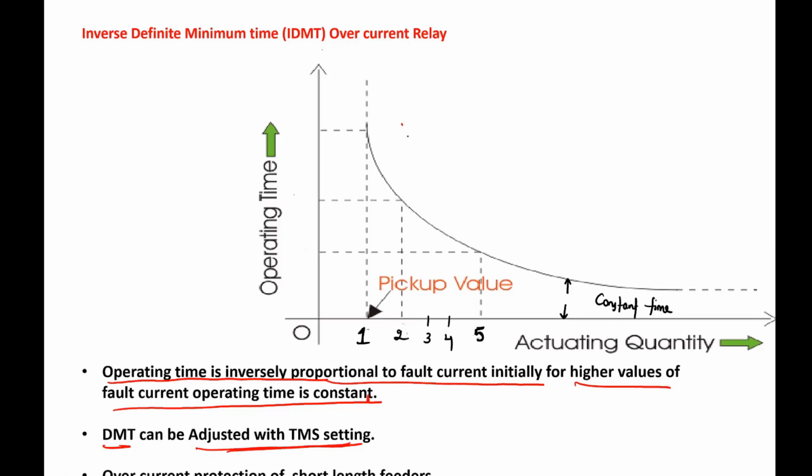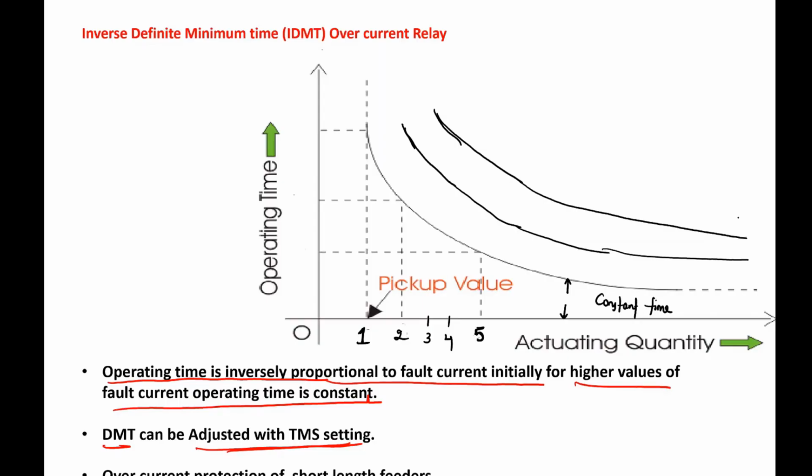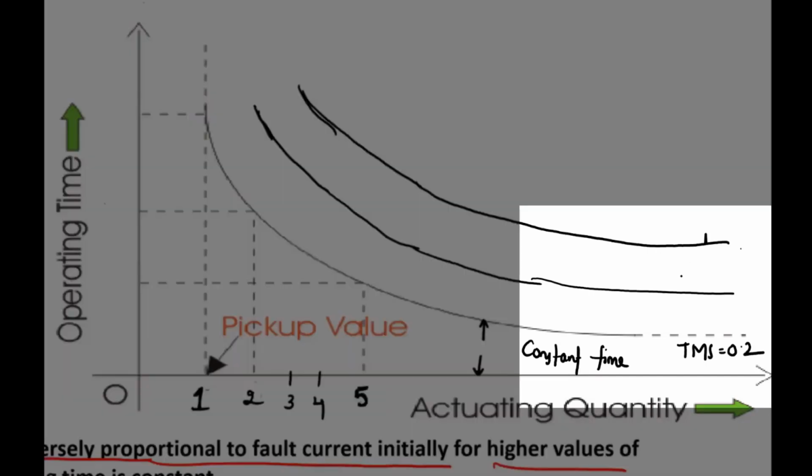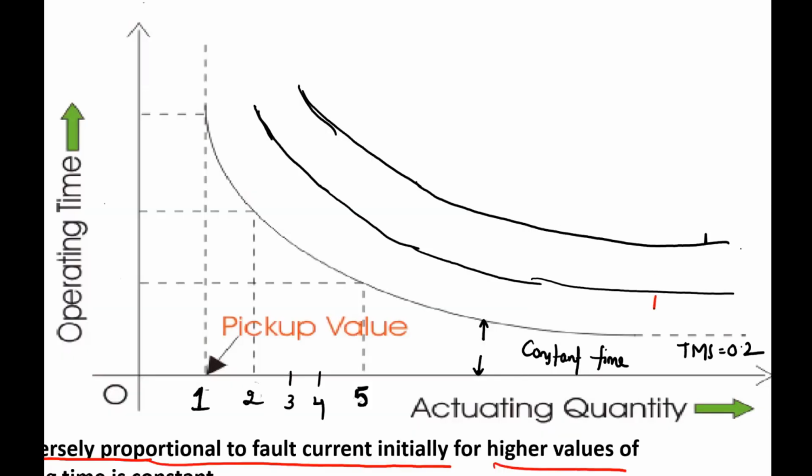So if I draw one more characteristic, if TMS here is say 0.2, here TMS value is 0.4 and here TMS is equal to 0.6.